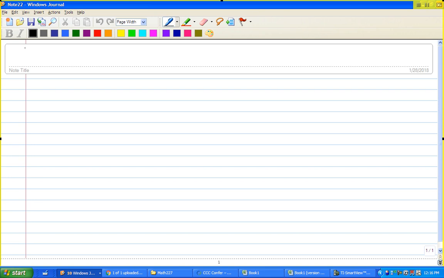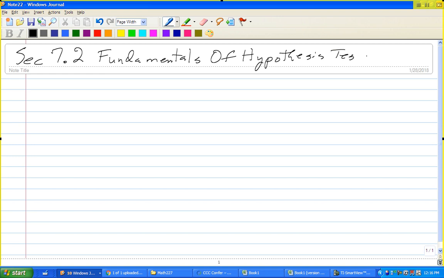Section 7.2, the fundamentals of hypothesis testing. A hypothesis test will consist of the null hypothesis.